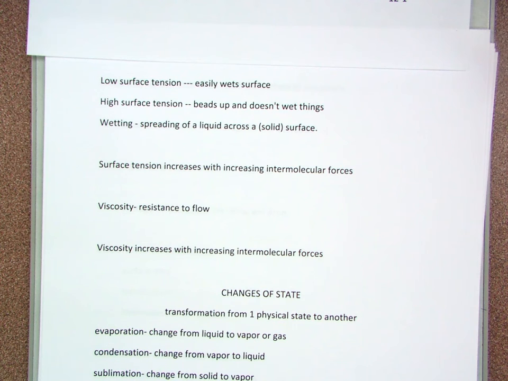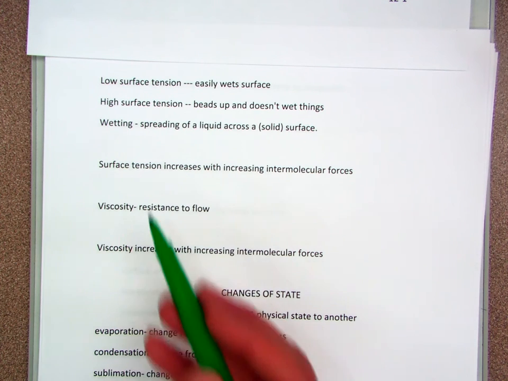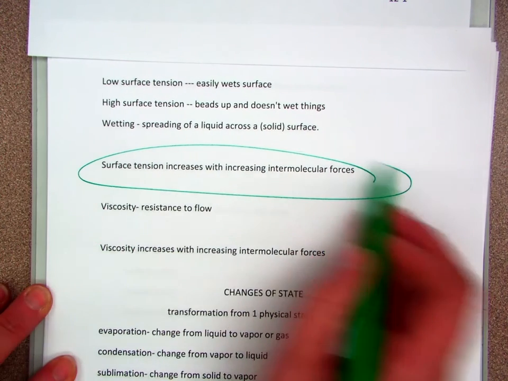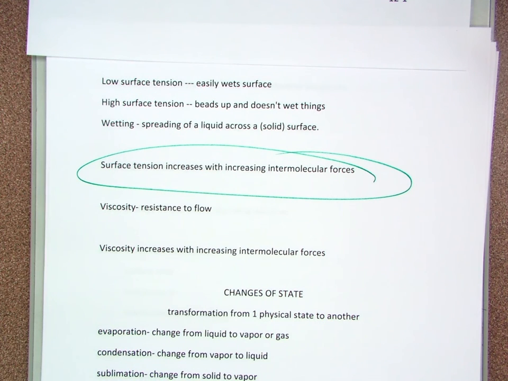The water is actually beading up on the surface of the car. Or you'll see this if you've treated your car with Rain-X. Sometimes that water just beads up. That's because of the high surface tension of water, plus the Rain-X coats your vehicle with something that makes it less likely to have the water spread out. But that's because of the high surface tension. So surface tension increases with increasing intermolecular forces.